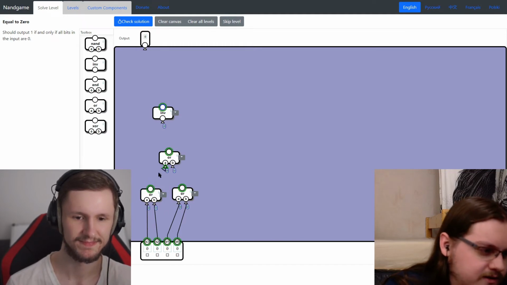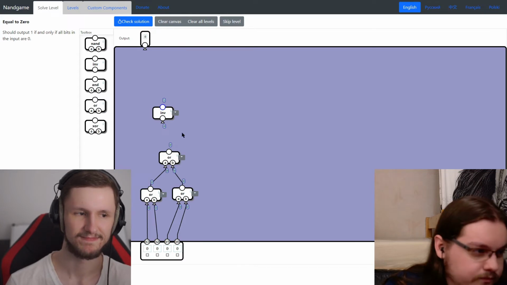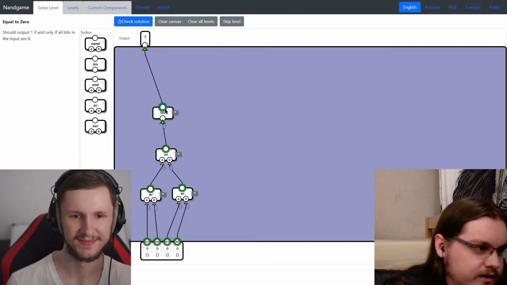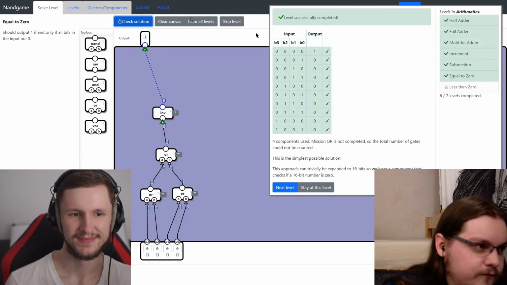And so if any digit is 1, we wire those two together. This will output 1 if any of them are 1, and then we just invert it. Et voila.